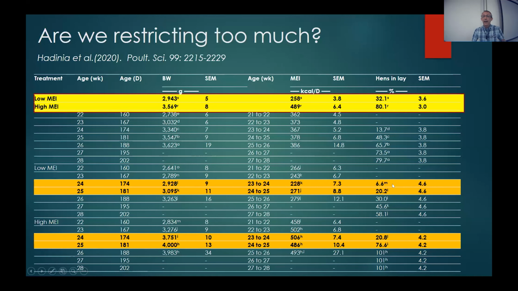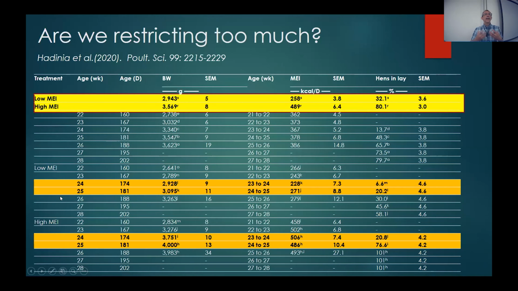Well, if we look at the percent of hens in lay, we can see that that 3 kg level, a little bit over 3 kg, may be a critical point. In the low energy diet, by the time they reached 28 weeks of age, only 58% were in lay, whereas in the high ME diet, by 25 or 26 weeks of age, all the hens had entered lay.